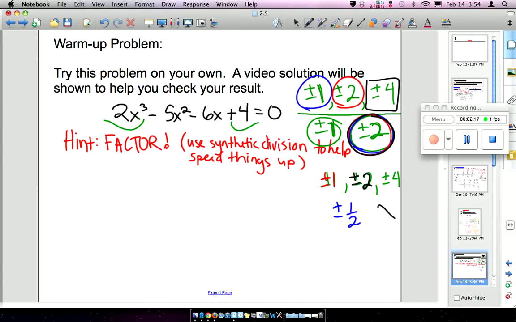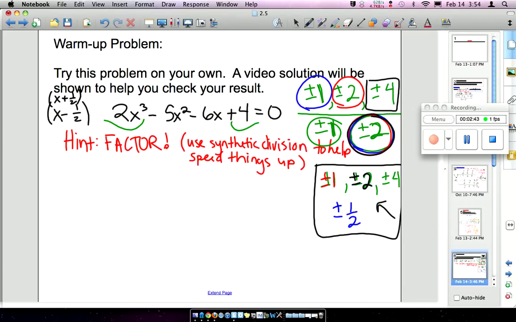So this is my complete list right here. These 4 pairs are my complete list of potential roots that I want to test with synthetic division. This 1/2 is probably the most problematic because we wouldn't have thought of that. But it could be true that my factor could be x minus 1/2 or x plus 1/2. That is a potential root that would work here.